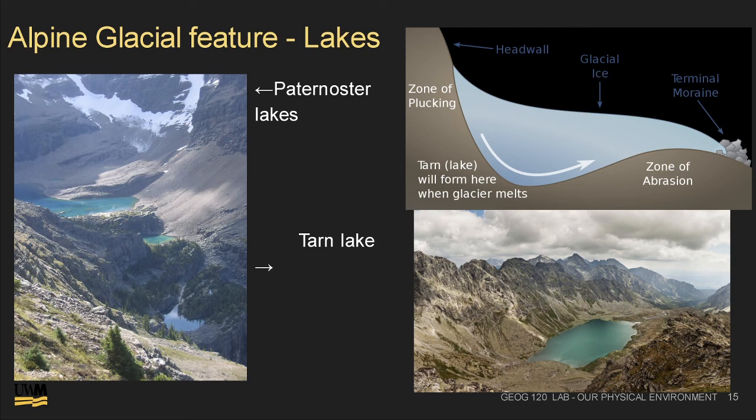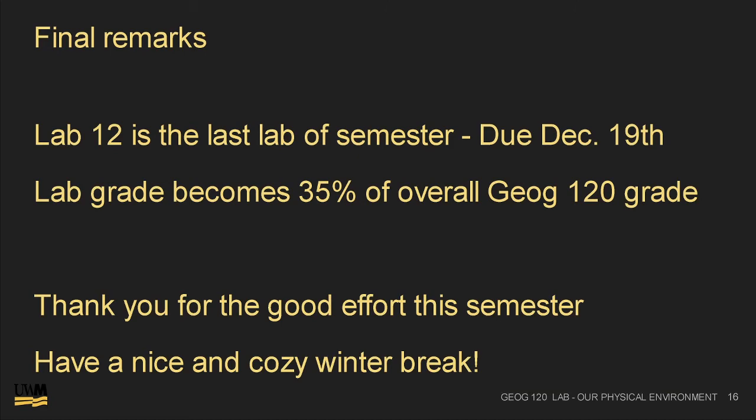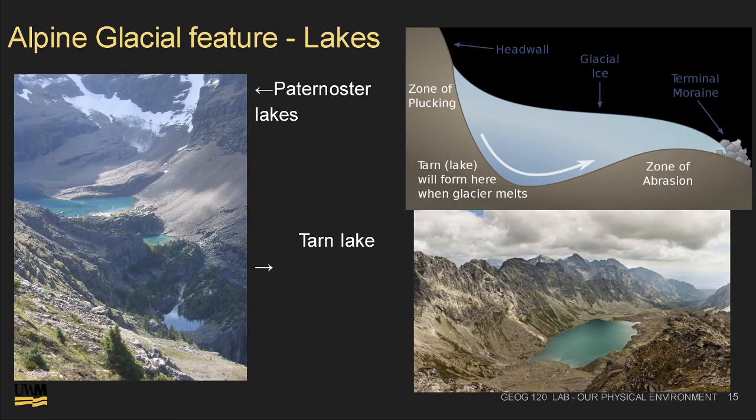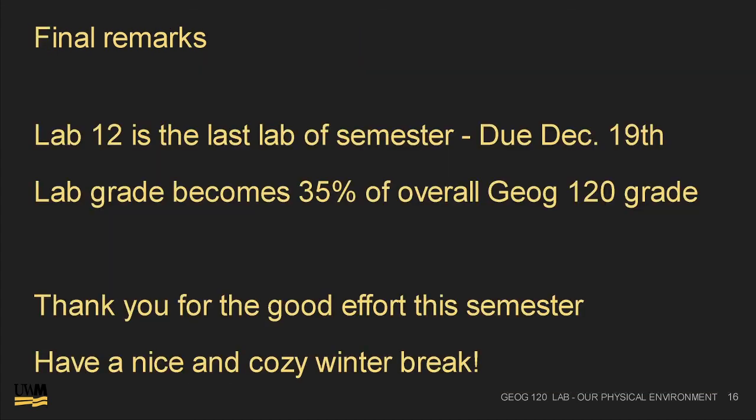You can think of paternoster lakes as a chain of tarns. I'm not going to go into too much detail. You will see some examples in Google Earth for the lab today for Alpine glacier formations and continental. So that may help you understand what the definitions of these features might be.